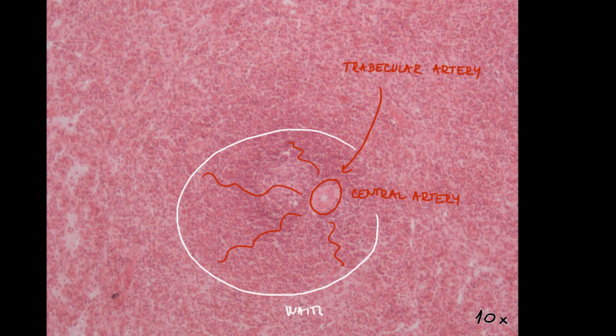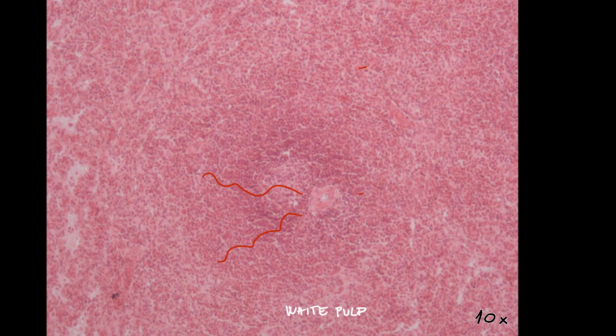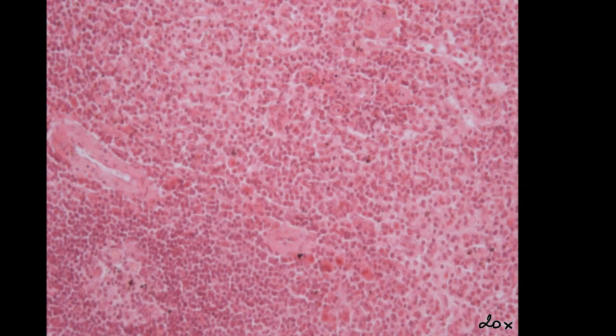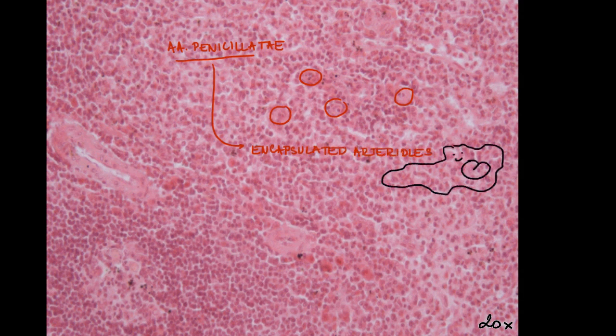All branches of trabecular arteries are very small, and strictly morphologically they are arterioles. After leaving the white pulp, the central artery is called the artery of pulp, which branches into small penicillar arteries. Their branches are called encapsulated arterioles because they are surrounded by many phagocytosing cells. Encapsulated arterioles branch into precapillary arterioles.